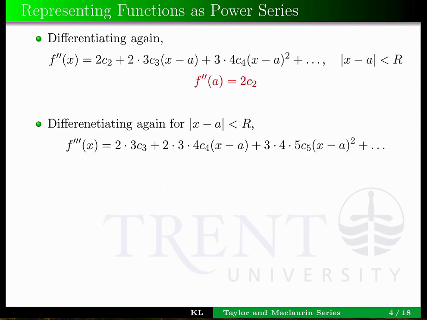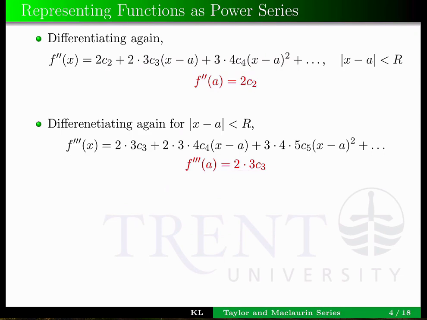We continue the process. We have the third derivative of f. This is equal to 2 times 3c3 plus 2 times 3 times 4c4 (x minus a) plus 3 times 4 times 5c5 times (x minus a) squared plus so on and so forth. And we evaluate this at a so that we will obtain f triple prime of a equals 2 times 3 times c3.